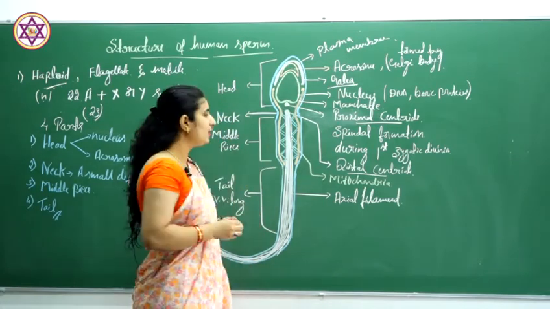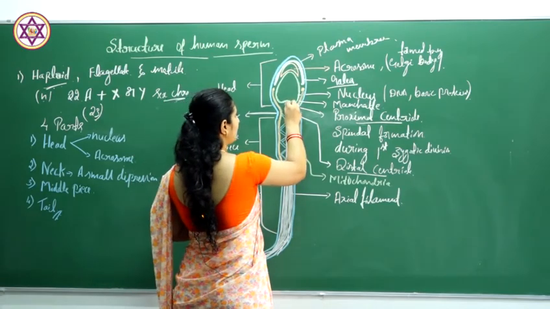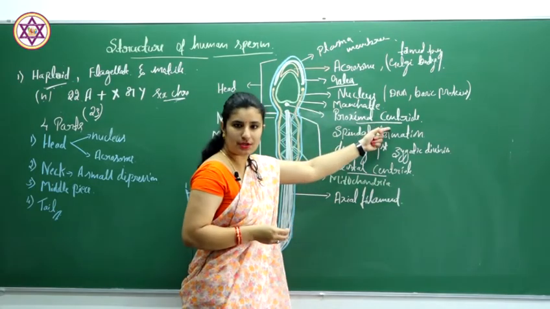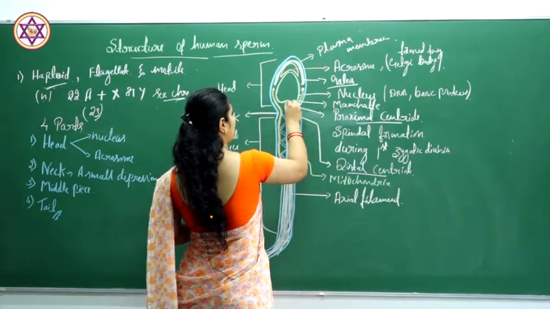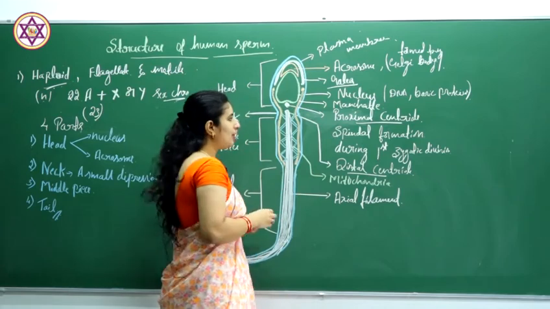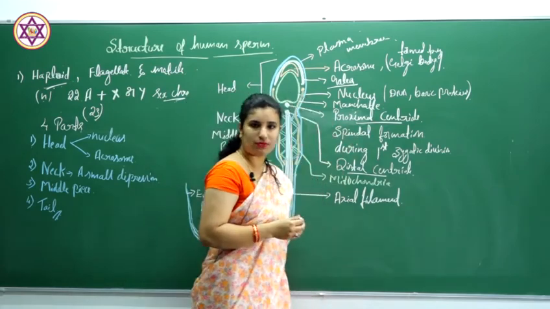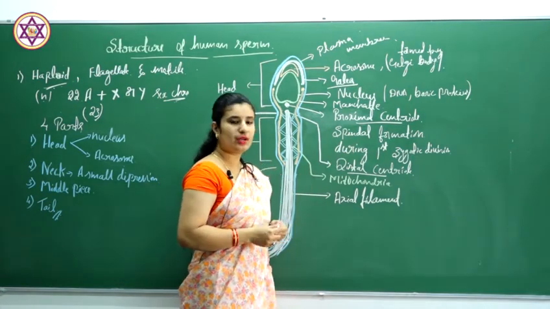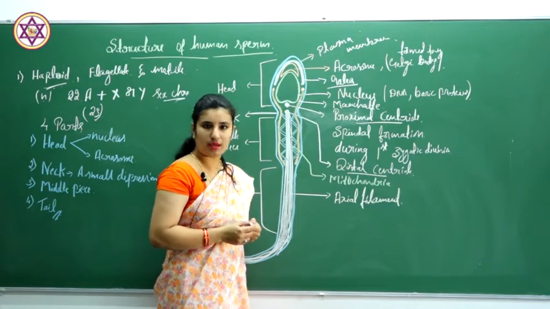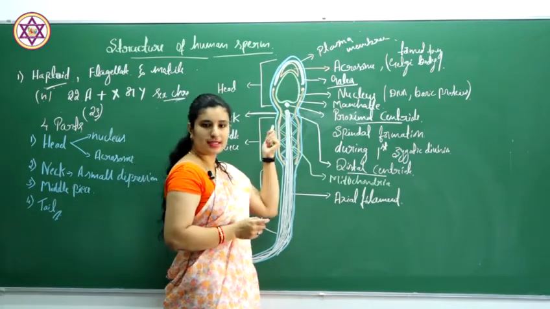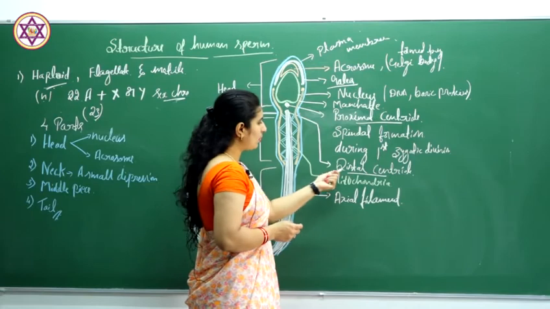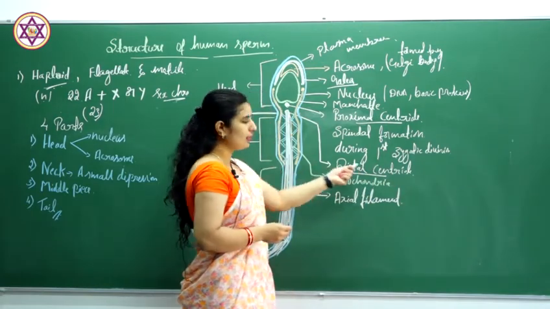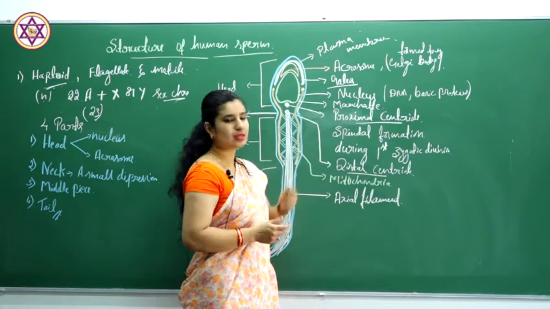Two centrioles are there, in which the first set of centriole is called the proximal centriole, which is present in the depression of the nucleus. This proximal centriole is responsible for spindle formation during the first zygotic division. Followed by, we have the second set of centriole, that is called the distal centriole. Got my point? This is the distal centriole and this is the proximal centriole.